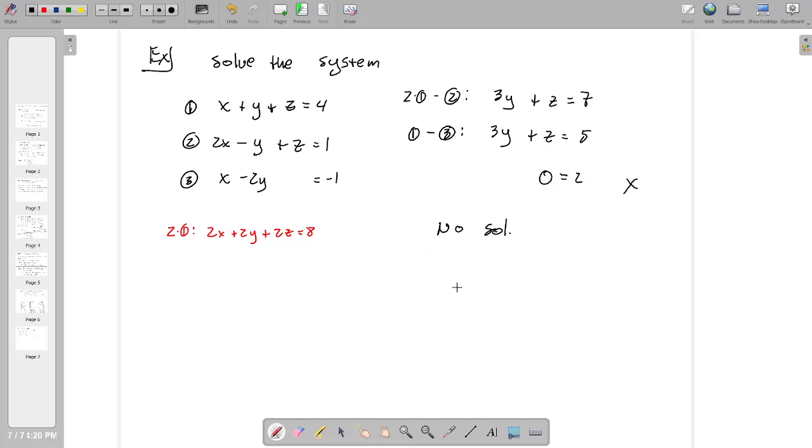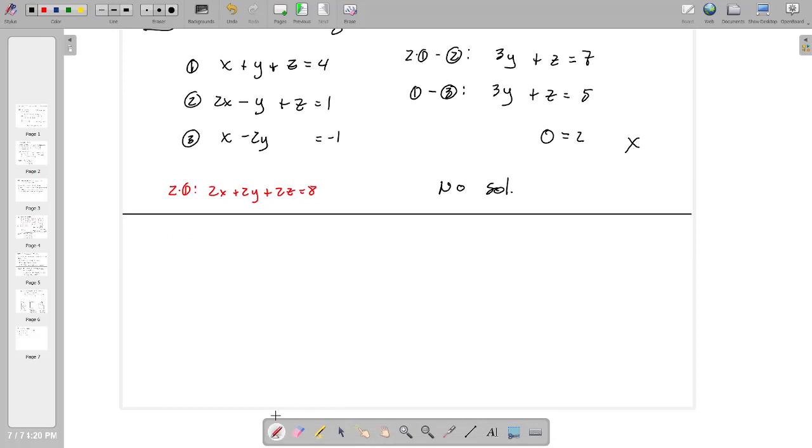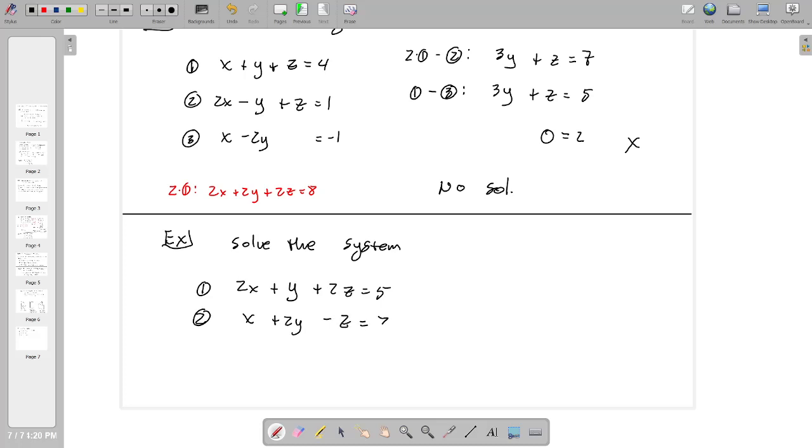All right, now let's do an example with infinitely many solutions, because these two are actually pretty complicated. The infinitely many solutions case, I think, is infinitely more complicated than the no solution case, pun intended. So we're going to do the same thing, solve the system. Equation 1, 2x plus y plus 2z is equal to 5. Equation 2, x plus 2y minus z is equal to 2.